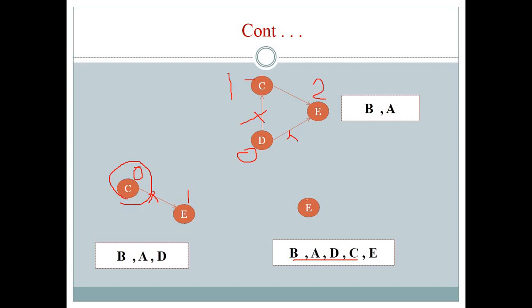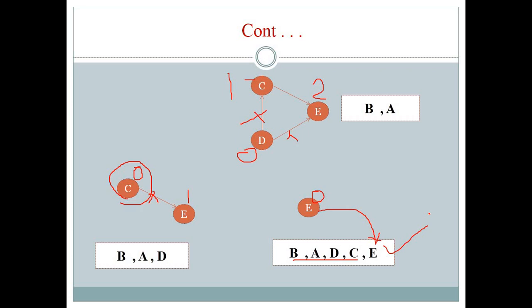Now the remaining vertex is E. Here in degree is 0, and no edges are available, so no worry about it. So we will delete E and store it again. So this will be our topological sort by the source removal algorithm.